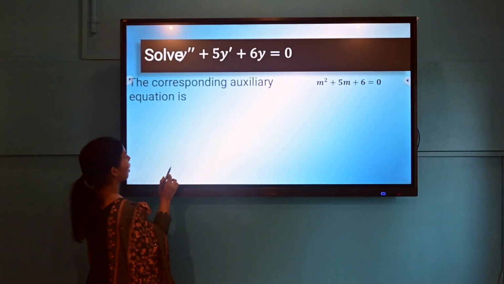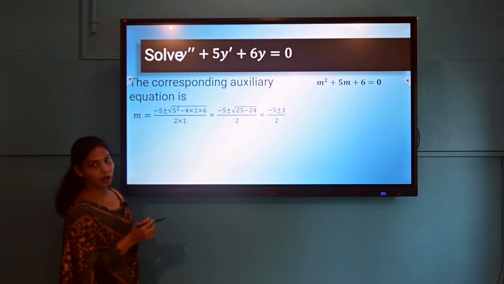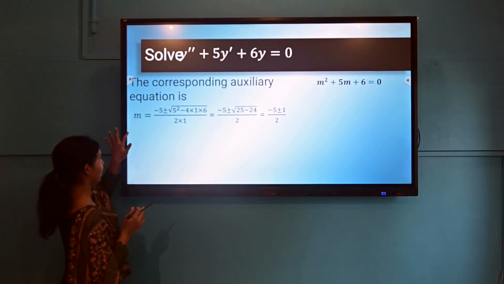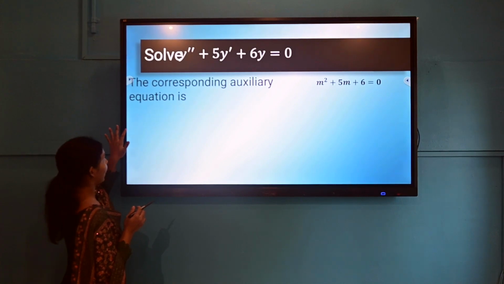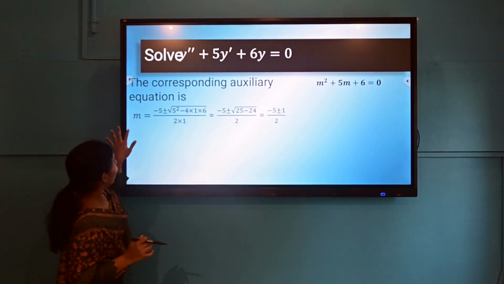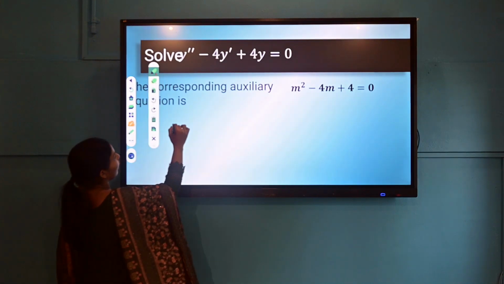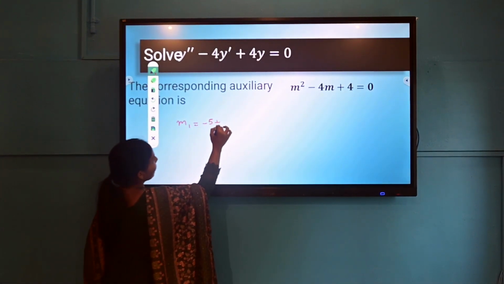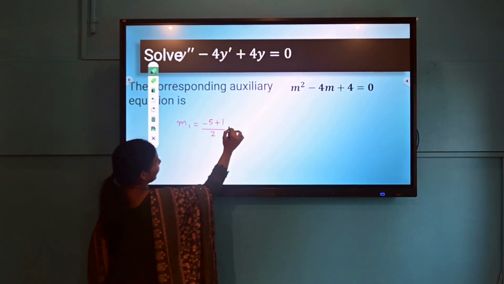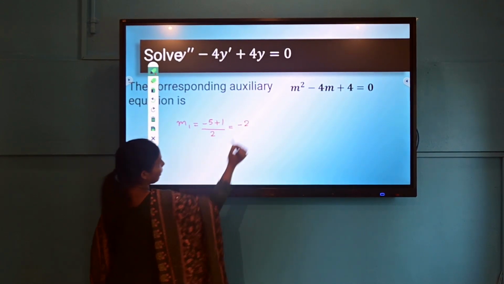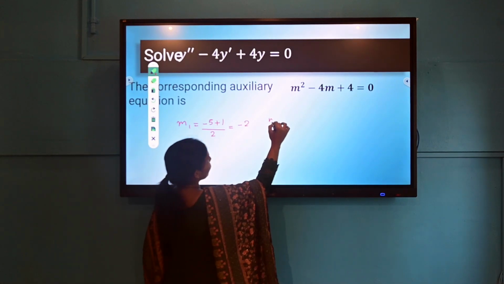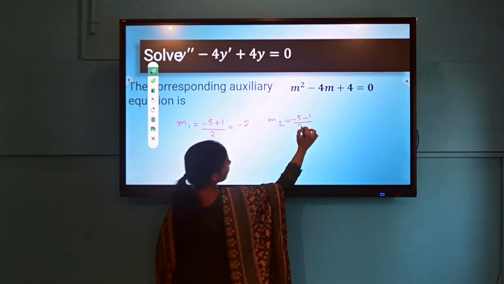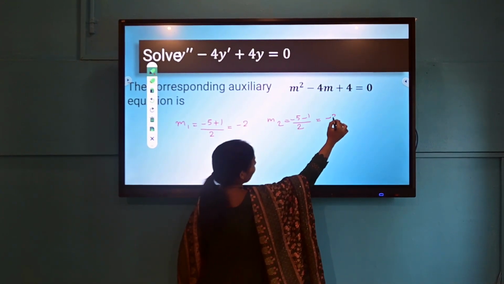We can solve this auxiliary equation by using the quadratic formula m equal to minus b plus or minus root of b square minus 4ac divided by 2a. While solving this, we will get two roots. m1 is equal to minus 5 plus 1 by 2, that is minus 4 by 2, which is minus 2, and m2 is equal to minus 5 minus 1 by 2, that is minus 6 by 2, which is minus 3.